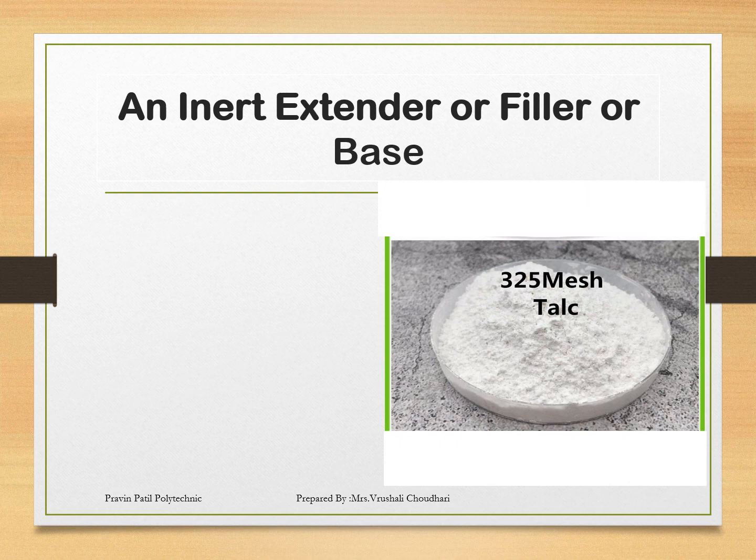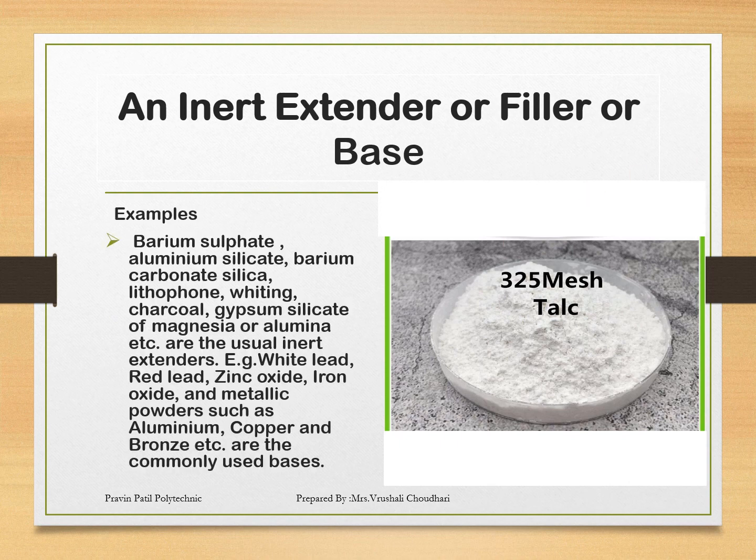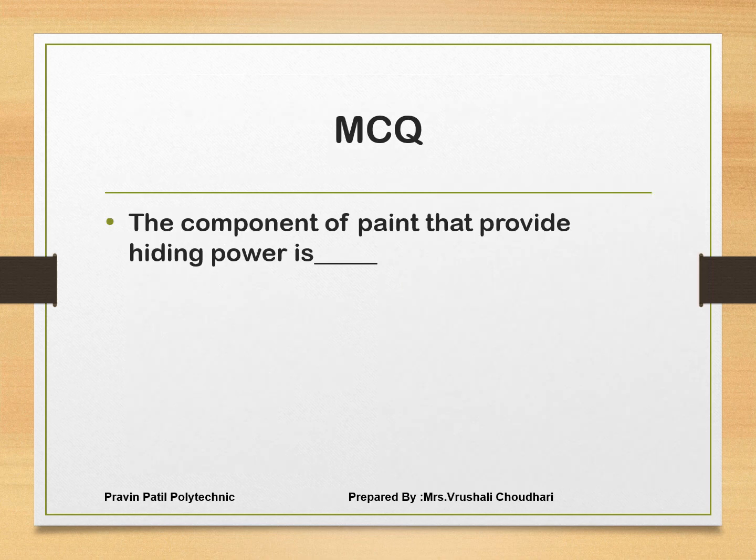Talc is used as a filler. Barium sulfate, barium silicate, barium carbonate, silica, gypsum, magnesia, zinc oxide, and metallic powders of aluminum and copper are used as a base. We are going to solve MCQs based on today's topic.